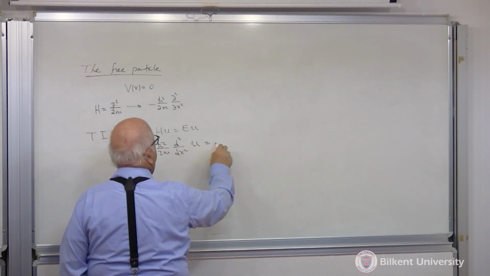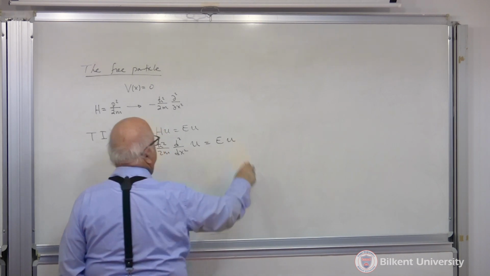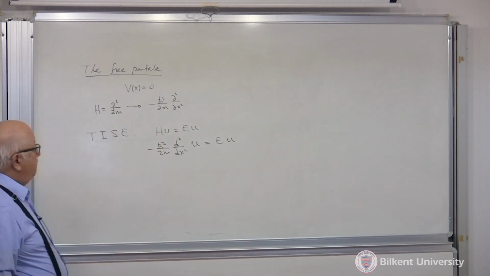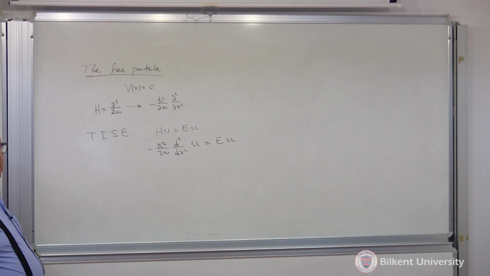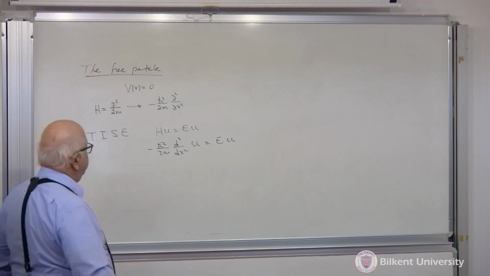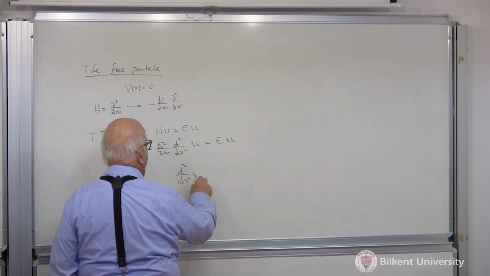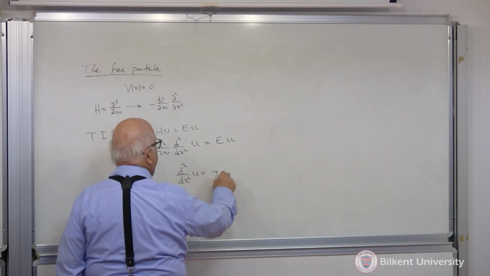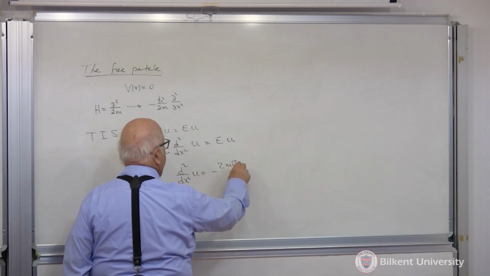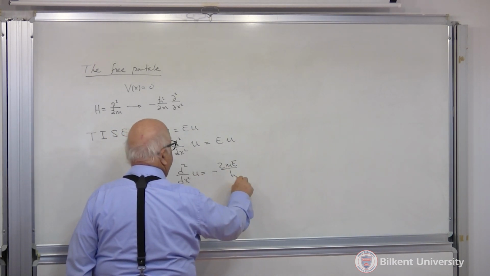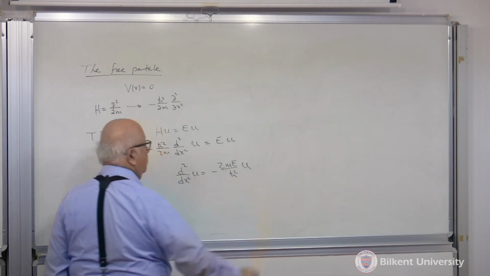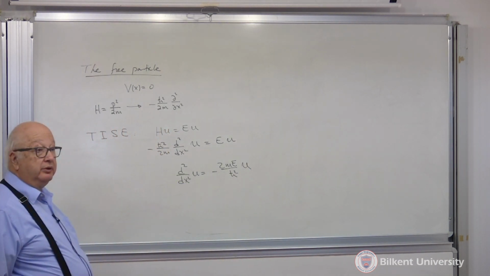Hu is equal to E times u. So this is an easy equation to solve. d squared dx squared u is equal to minus 2mE over h bar squared u, right?